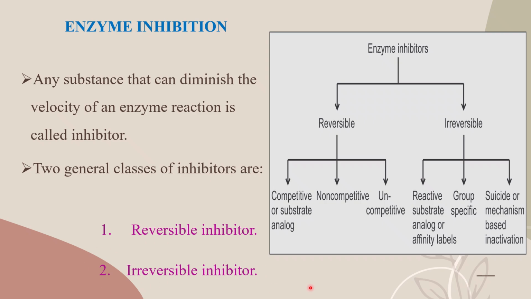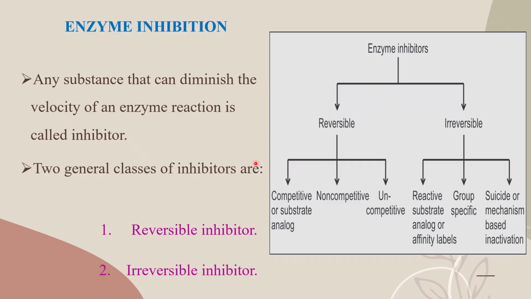Mostly in irreversible inhibition, there is a covalent binding of the inhibitor to the enzyme, while in reversible inhibition, the inhibitor interacts with the enzyme via non-covalent interactions in the form of hydrogen bonding, ionic bonds, hydrophobic bonds, or weak van der Waals forces.